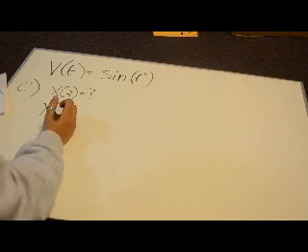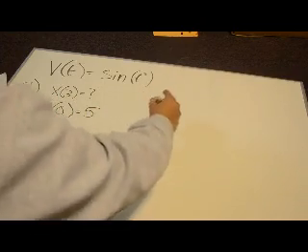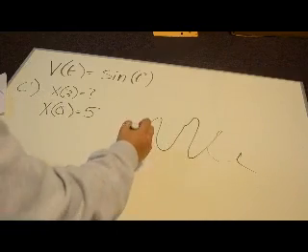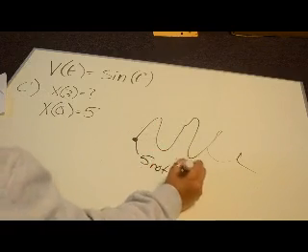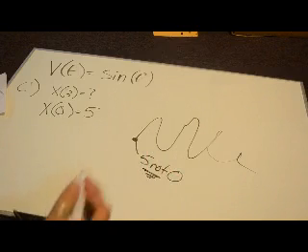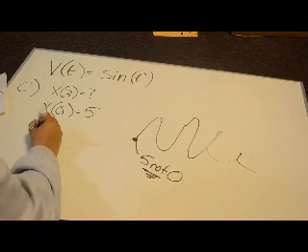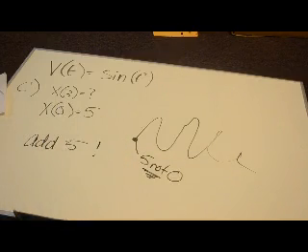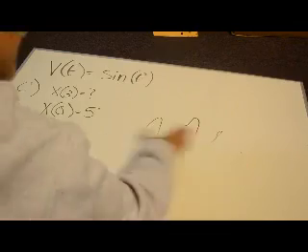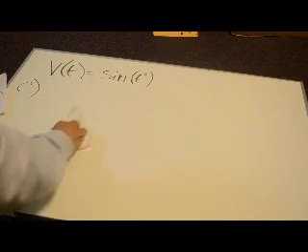The initial position is 5. So when all of this up and down starts, that's at 5, not 0. Whatever we find the answer with, we just have to add 5, and then that is the real answer. So let's find out what x of 3 really is.